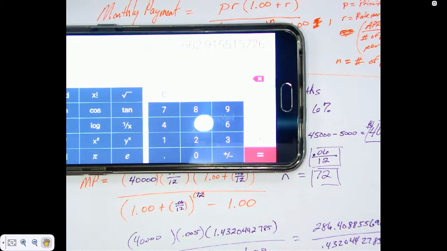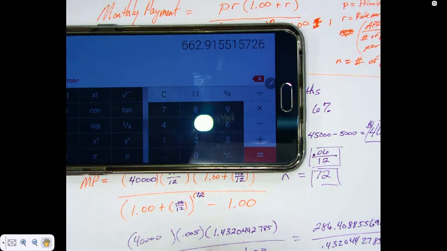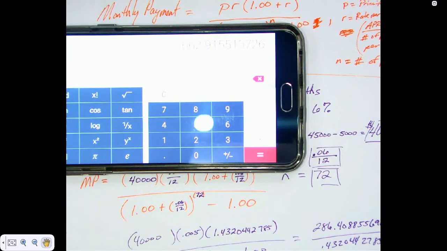What's the monthly payment? $662.92, because it's a 5.